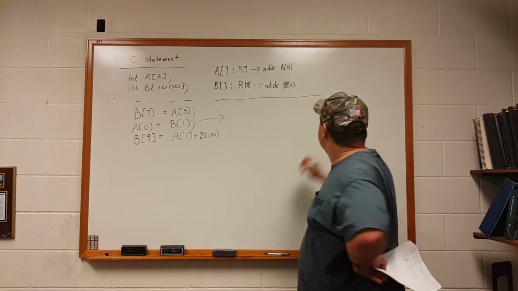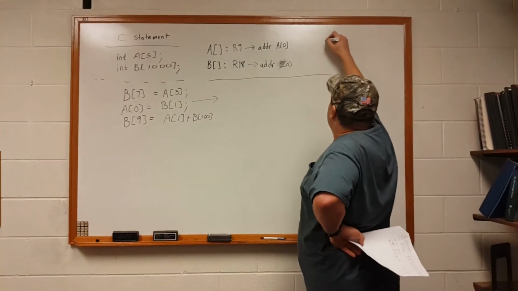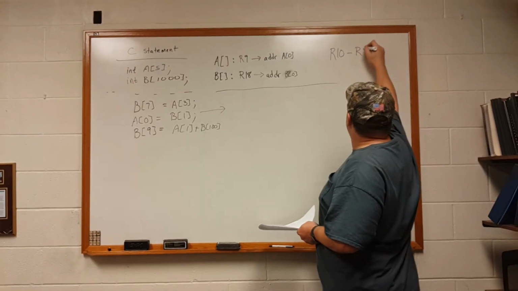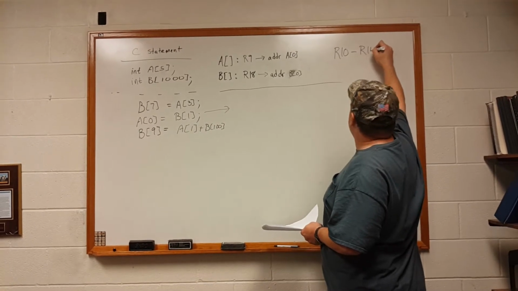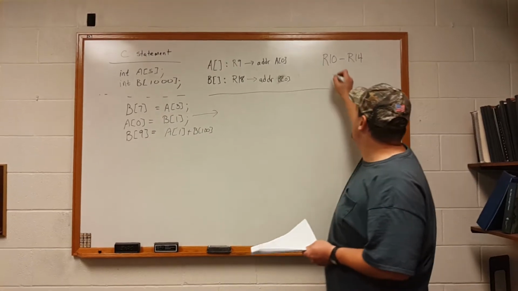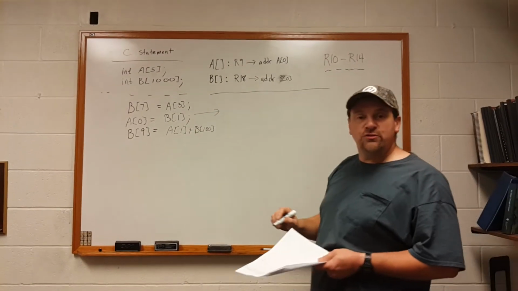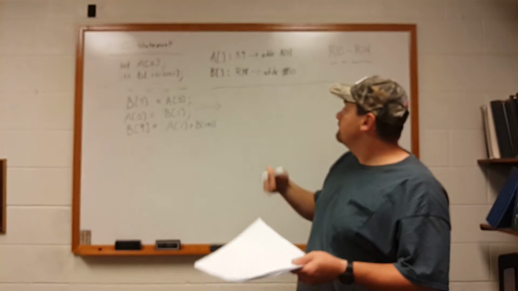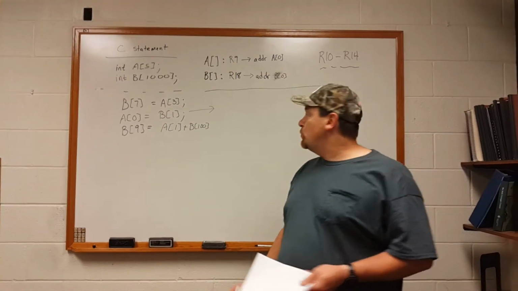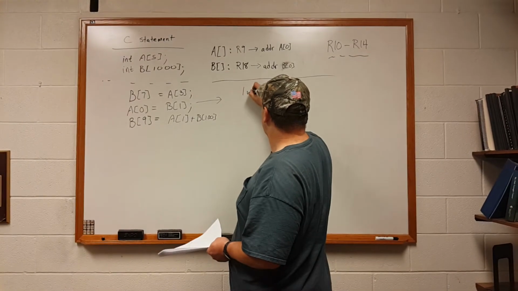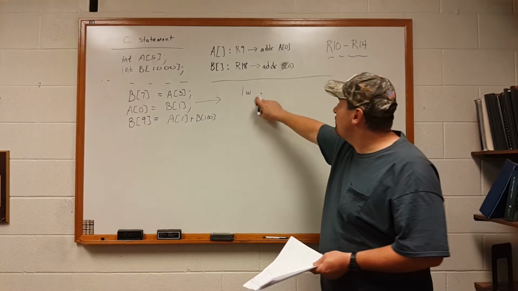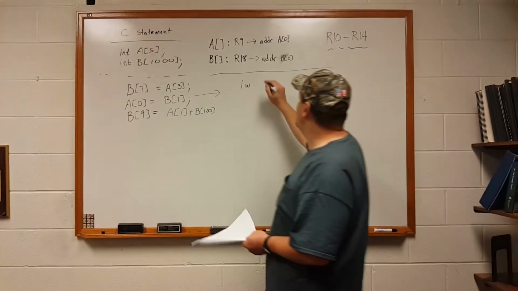Let's begin. Now, I'm going to say that R10 through R14 are trash registers or temporary registers. So I can clobber these registers with impunity. All right. First, we need to load A3 into a register. So we're going to do load word. Now, the first argument, or the first thing that appears, is the destination.